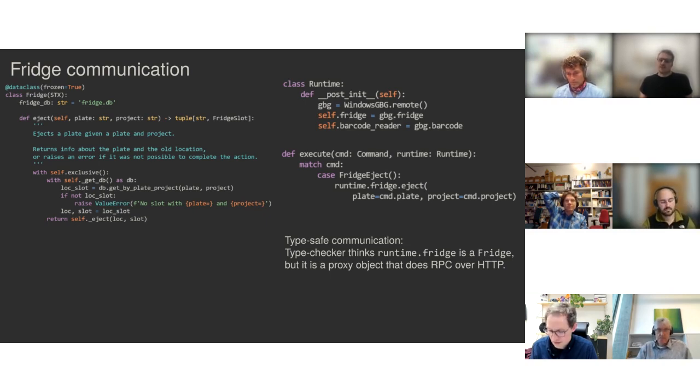So the thing that is the runtime fridge here, the type checker thinks it is an actual fridge object, but in practice, it goes via the HTTP remote and calls this function. So this is a little bit of code snippets for some objects we have in the code base, a runtime and an execute, which executes commands in a runtime.